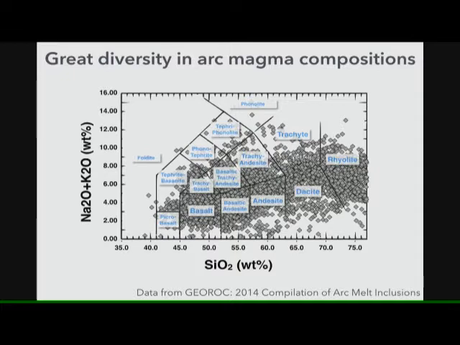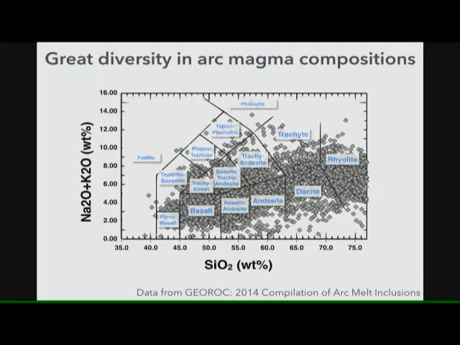So just to start us off, if we look at a database, in this case I'm using a compilation of arc melt inclusions from arcs around the world. You can use other data sets. You could look specifically at volcanic rocks. They show a similar distribution here on what we call the Labost diagram, increasing silica content versus alkalis. And you can see that there's quite a wide range of melts found in subduction zones.